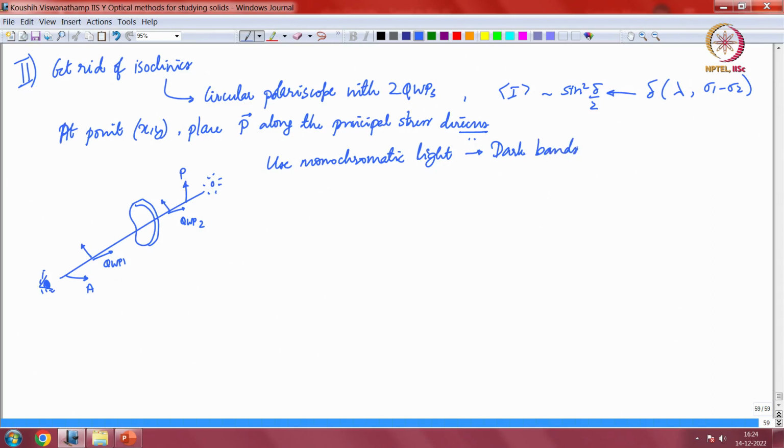That is what isochromatics are for a single lambda. So now you rotate A with respect to P by some angle, we will call this beta.